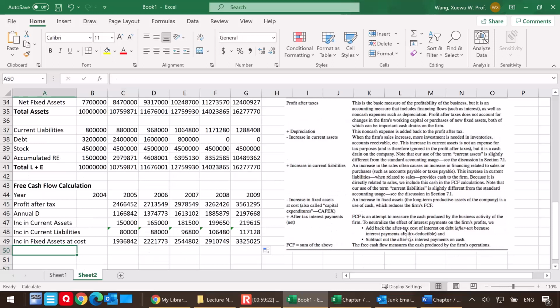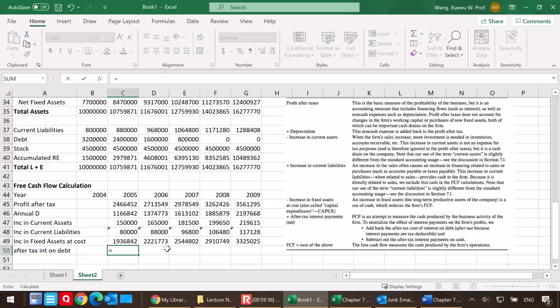So you have to actually add back the after-tax interest cost on debt. We have to do this on the after-tax basis. So we take 1 minus the tax rate and multiply this by the interest payment on debt.